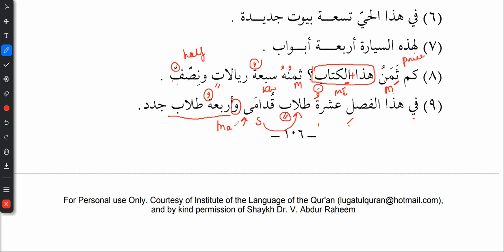The nouns that come after harf atf are called matuf, and matuf will always have the same eraab as before the atf. Arba'atu tullabin judu din, because this is sifa for tullab. So this is all the detailing about the eraab.